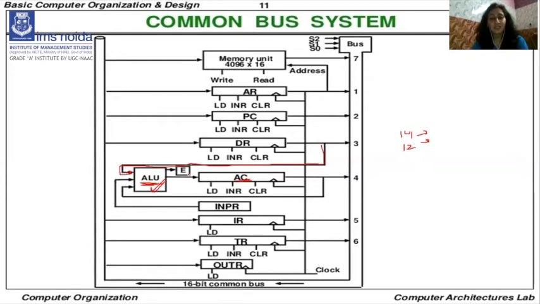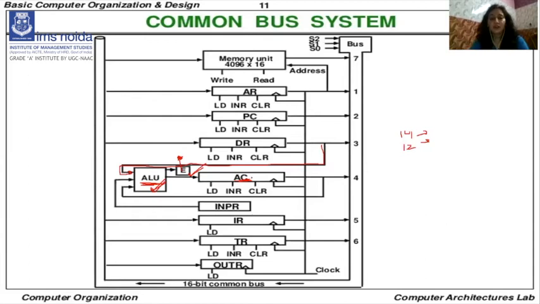What is E? E here is a flip-flop which carries a single bit, right? It means E is used if, after the operation by the arithmetic and logic unit, suppose a binary addition is done and a carry bit is generated by the arithmetic and logic unit, that carry bit is stored by this flip-flop. That is the working of E, right?